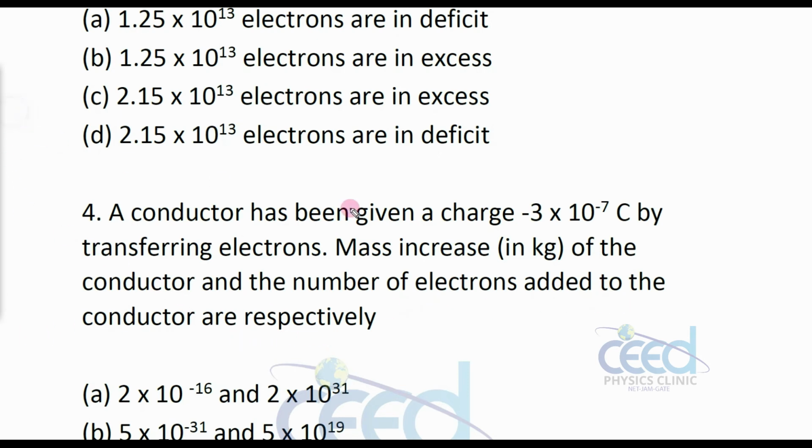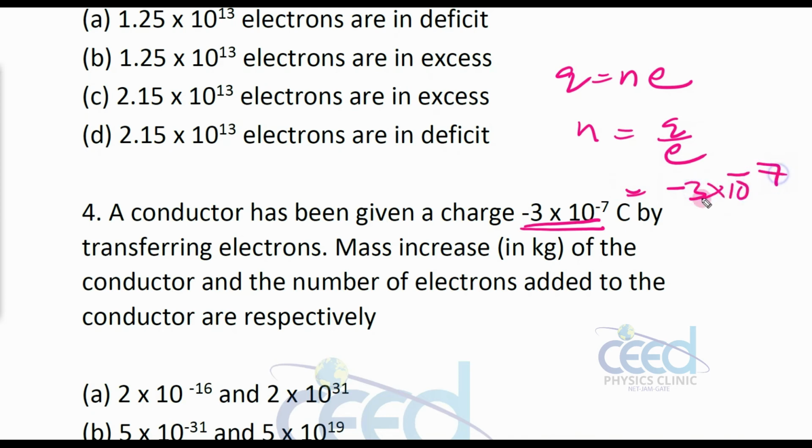So for the number of electrons, you are giving a negative charge. We can find it using Q is equal to Ne, that is N is equal to Q by e. Q is equal to minus 3 into 10 raised to minus 7. What is e? That is 1.6 into 10 raised to minus 19.